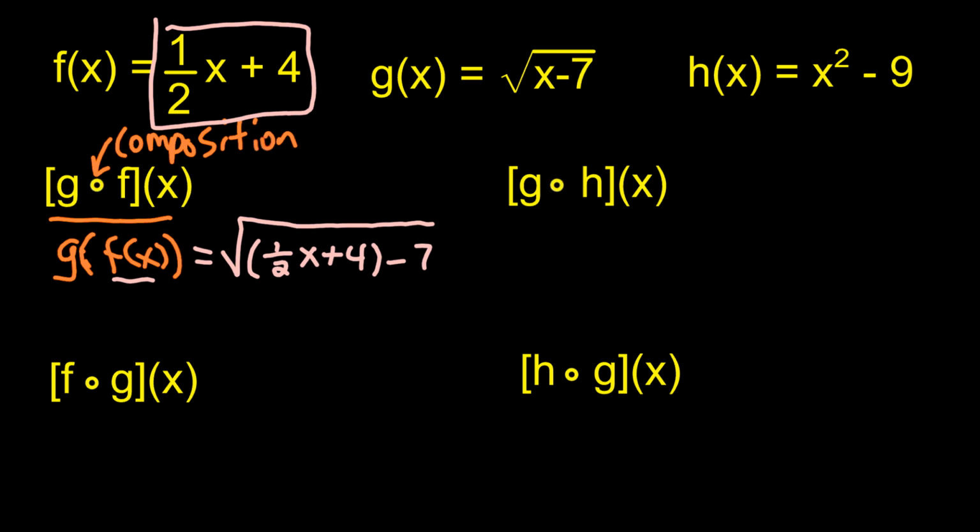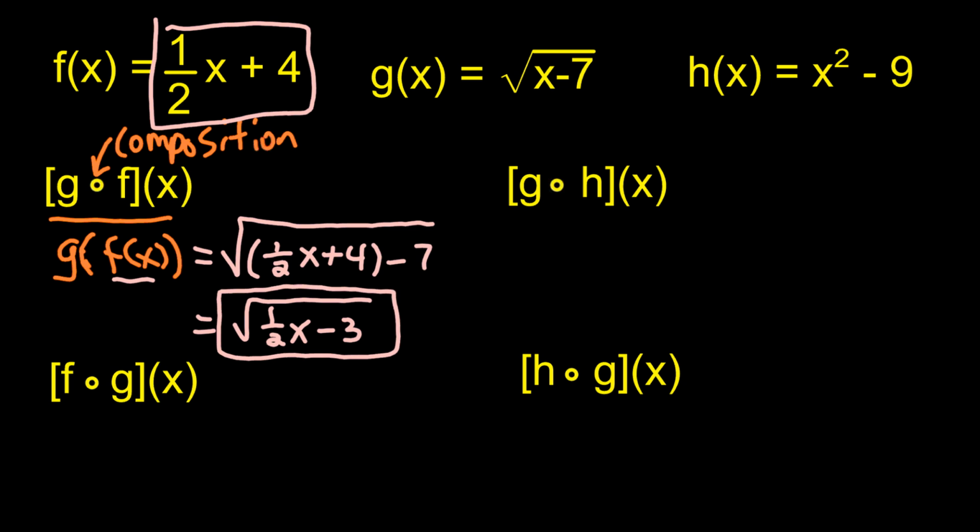If we can simplify it down, we do. And in this case, I end up with the square root of 1/2 x minus 3. And that is simplified down as far as we can take it. So g of f of x ends up being the square root of 1/2 x minus 3.